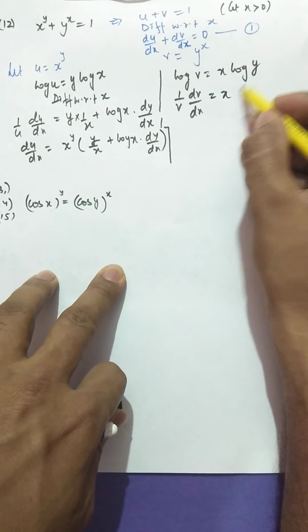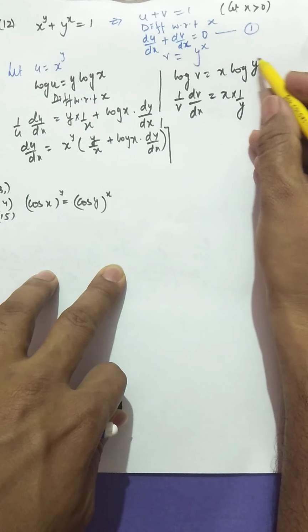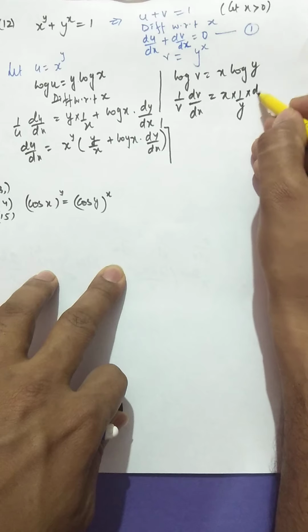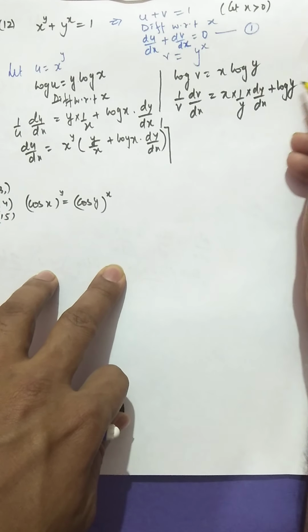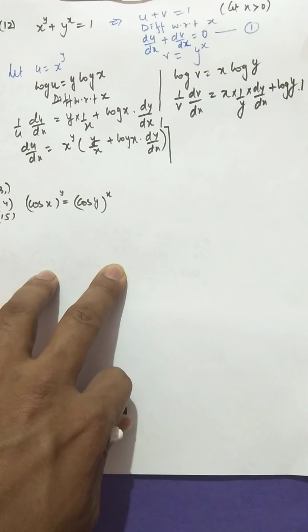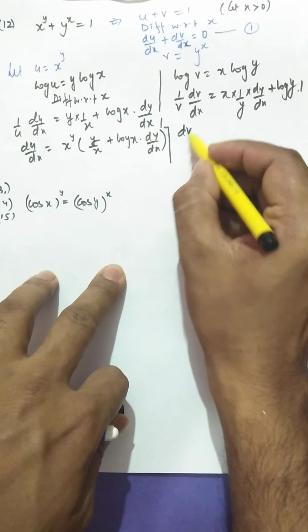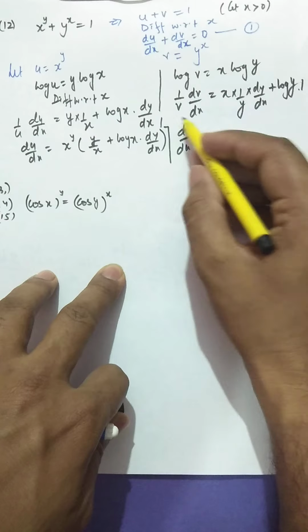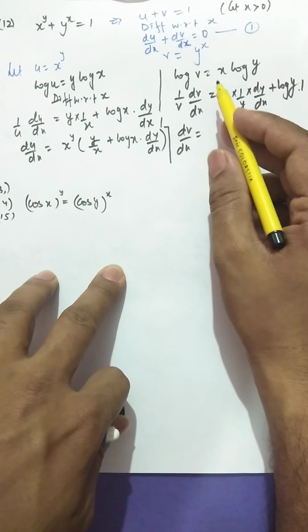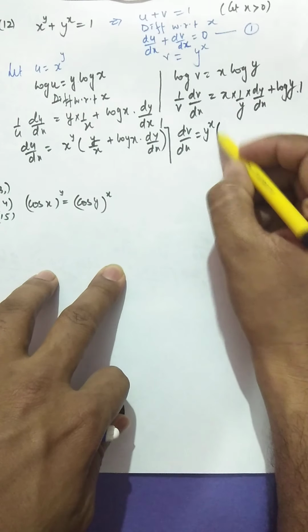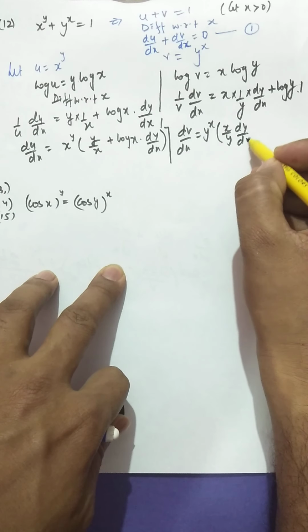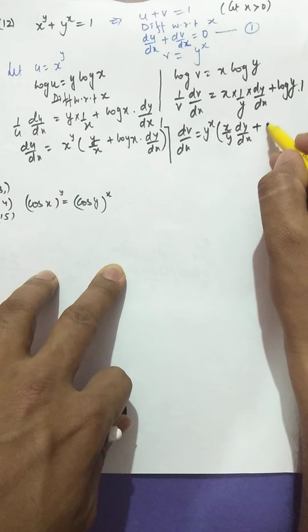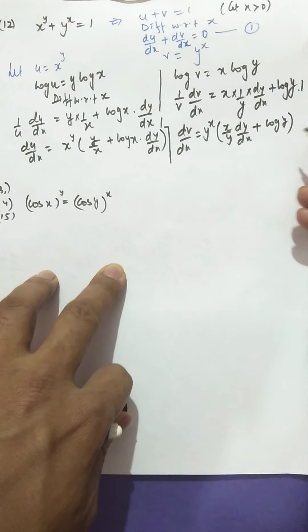From here x log y will be, then y, and then you have to differentiate y again, so this is dy by dx, and log y and x differentiation will be 1. So from here dv upon dx will be v, you do the cross multiplication, v is your y to power x, and this will become x upon y dy by dx plus log y.